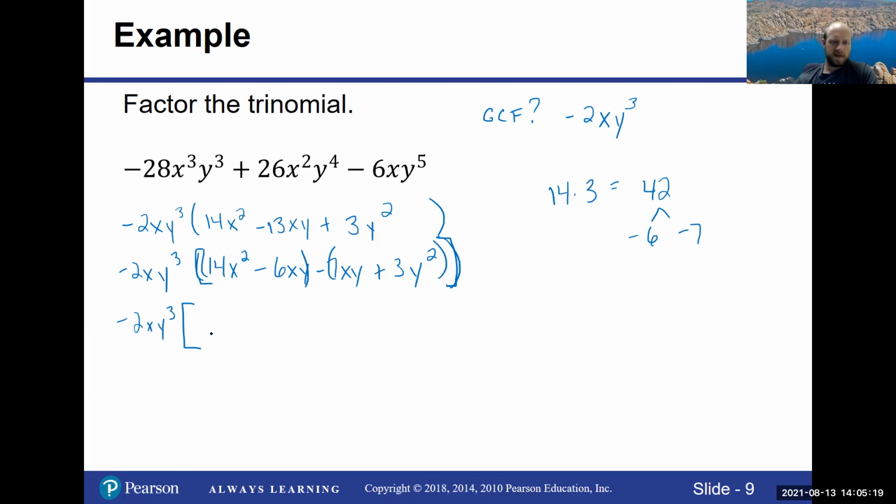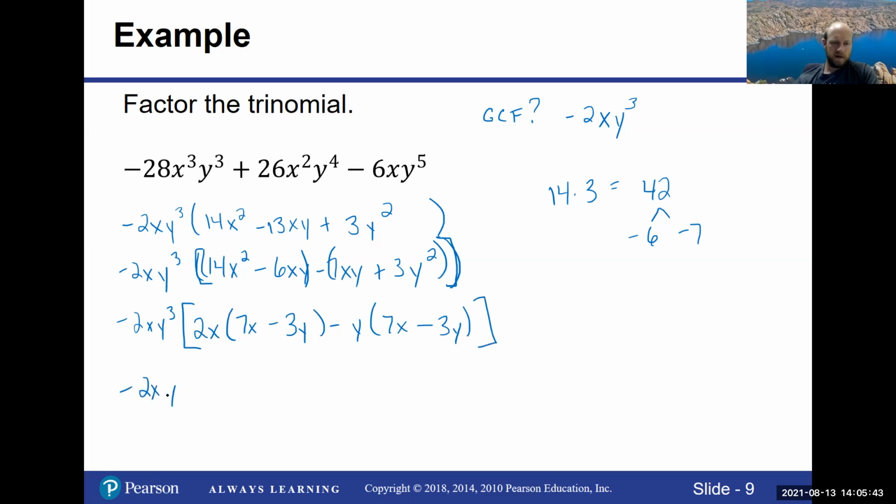So in this one, I can take out a 2x and I'm left with 7x minus 3y. And in this one, I'm left with a y. I can take that out. And this is a 7x. And this is going to be a -3y.